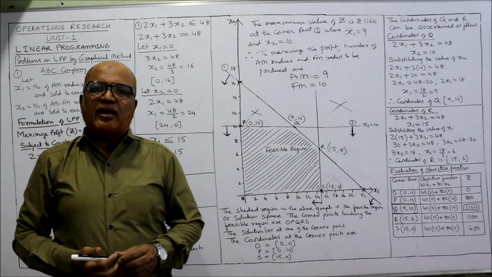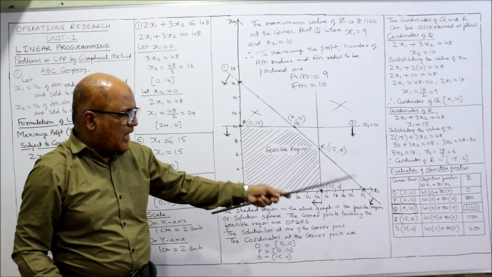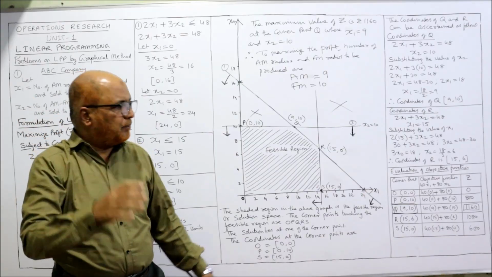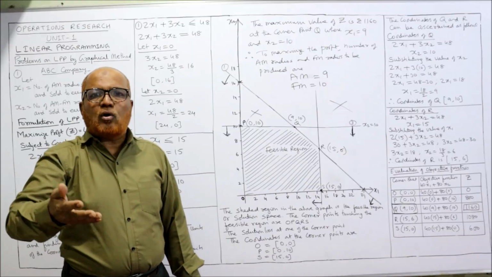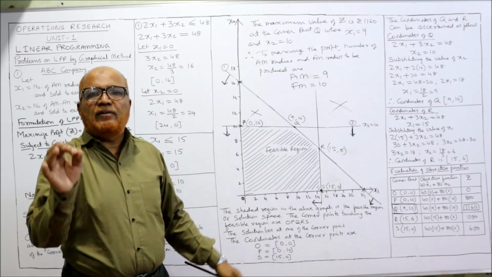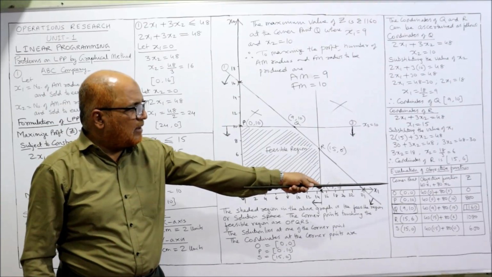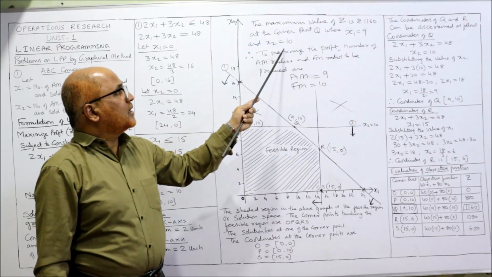So if we make 9 AM radios and 10 FM radios, then our profit will be maximum, that is 1160. If you make any other combination of AM and FM, definitely our profit will not be maximum. The highest profit is 1160 at the corner point Q, where x1 is 9, x2 is 10.